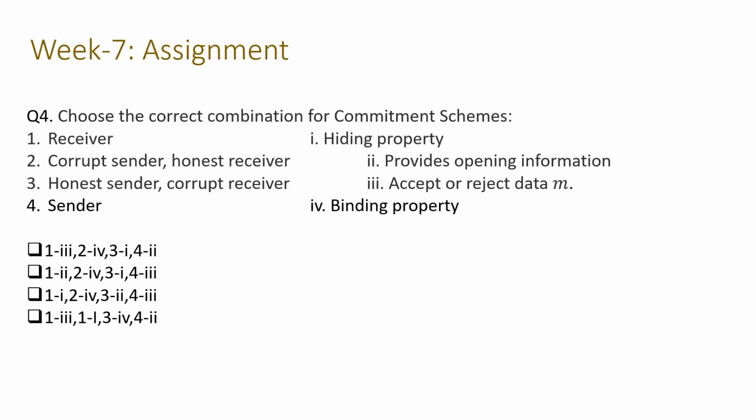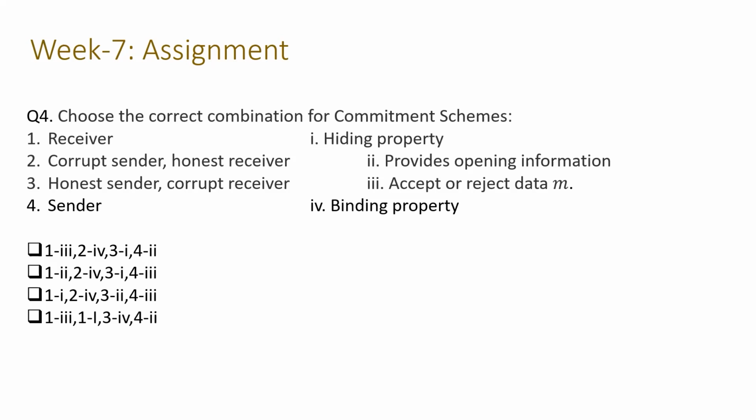Whenever the sender is honest but the receiver is corrupt, the receiver, after receiving the commitment C, may want to guess or retrieve the underlying message M without the opening information.